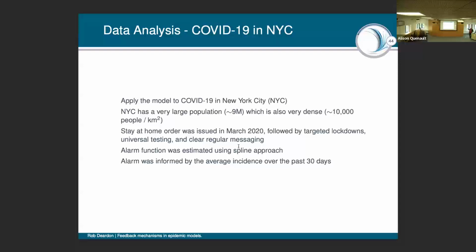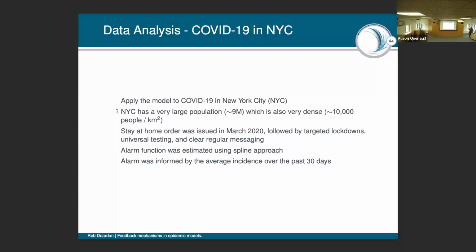And then, of course, the other thing that we can do is go back to real data, fit the model and see what the alarm functions look like. Do they seem to be sensible? So Caitlin looked at New York City, and as you'll probably remember, the initial peak outbreak there was pretty serious, right? But they did what most Western cities did.